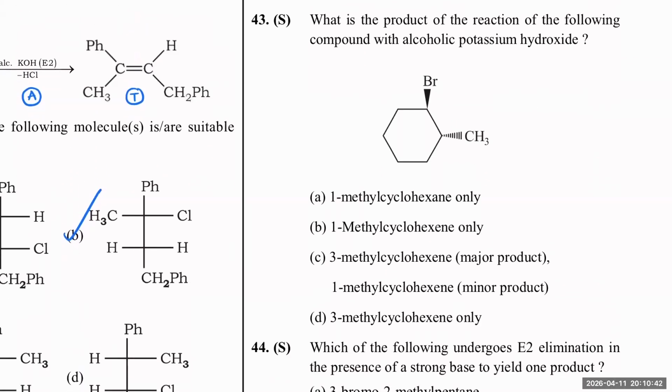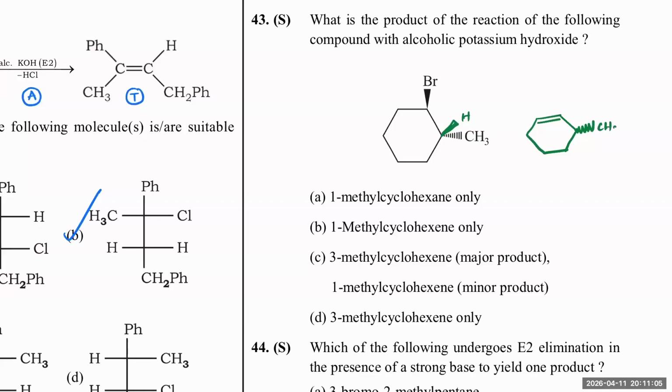Which of the following reactions of the following compound with alcoholic potassium hydroxide? Okay. Now you can see Br is here, so H will also be on the same side. So we'll keep it like this and make the elimination on the other side. So Hofmann is more favorable.